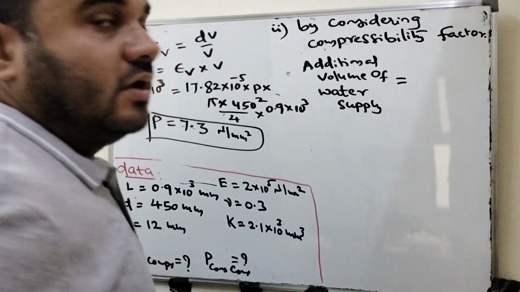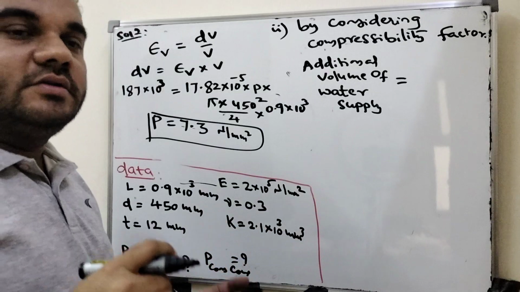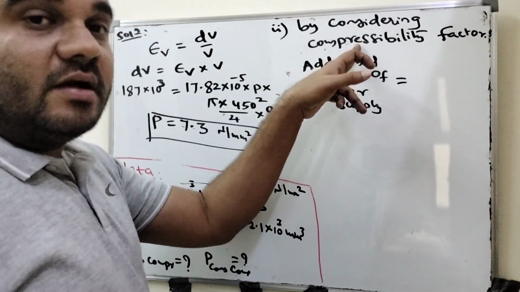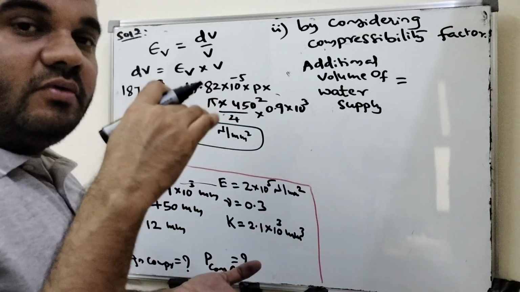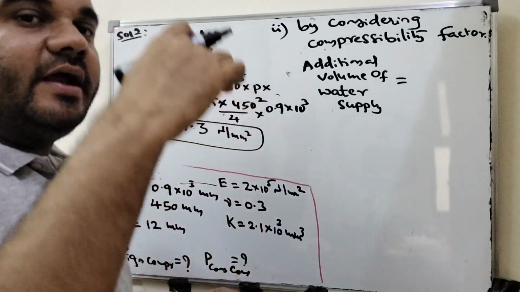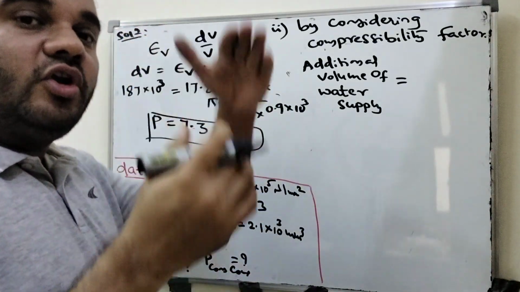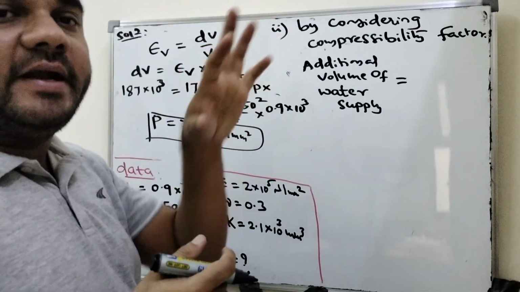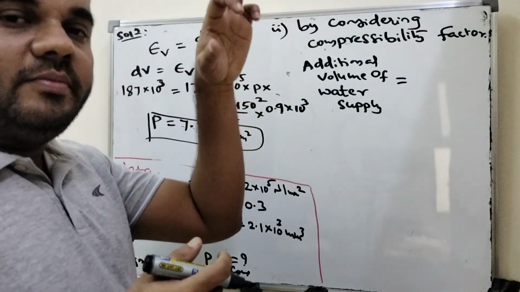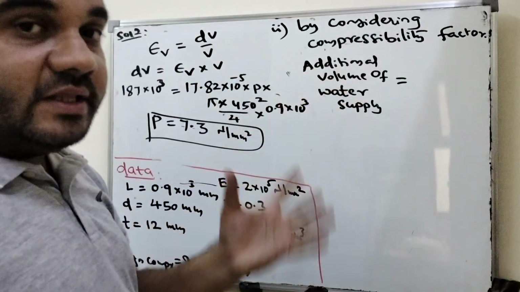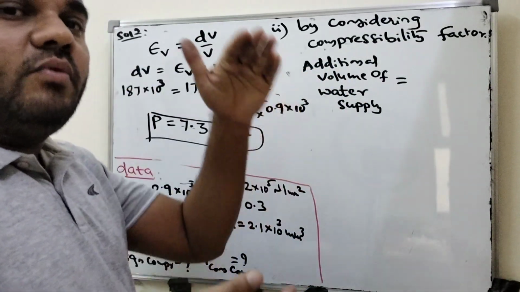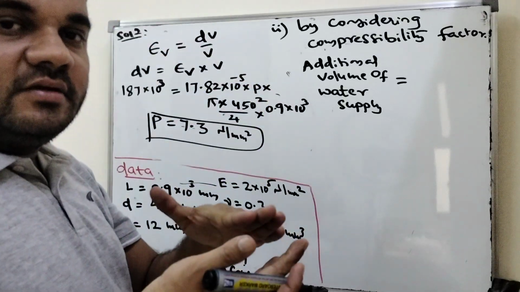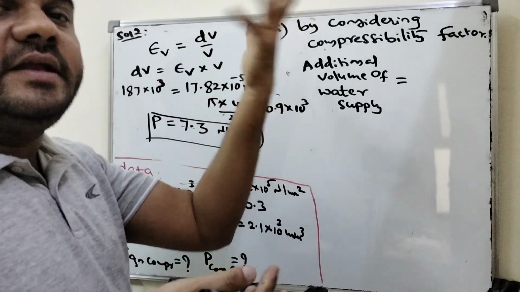equal to sum of, see, if you apply the compressibility factor, the water volume will be decreased and the cylinder volume will be increased. Both will happen at the same time. So whatever additional volume of water you are supplying is the sum of the volume of the water decreased and the volume of the cylinder increased.